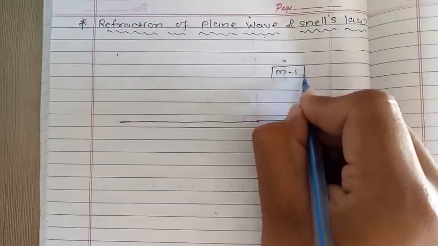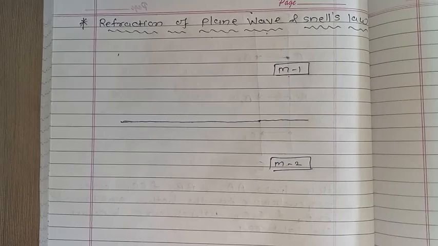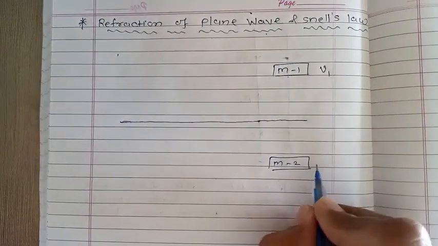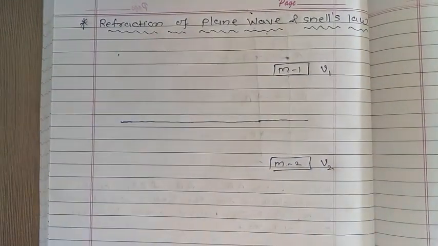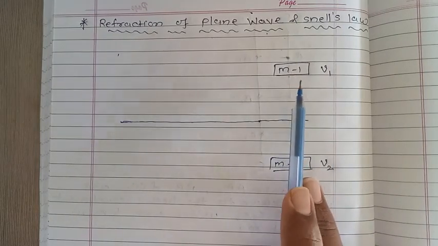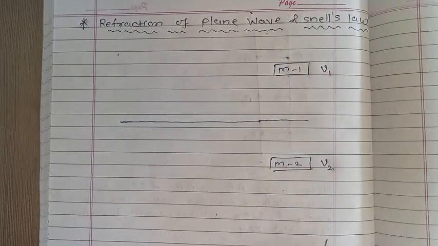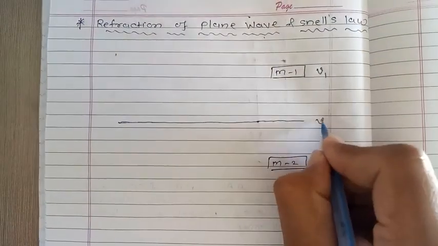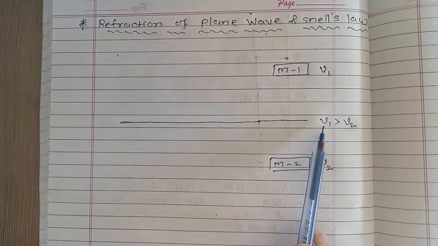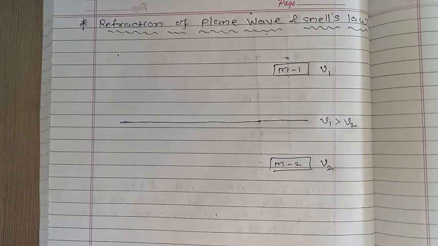Here we assume that the speed of light in medium 1 is v1 and the speed of light in medium 2 is v2, and we assume that v1 is greater than v2. Say the speed of light in medium 1 is greater than in medium 2, right?